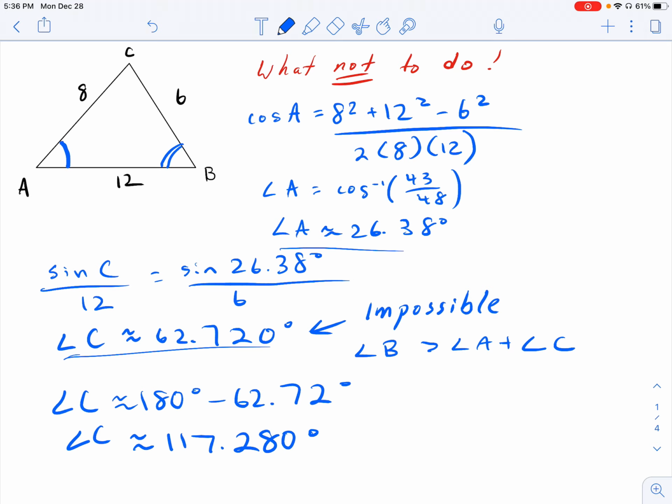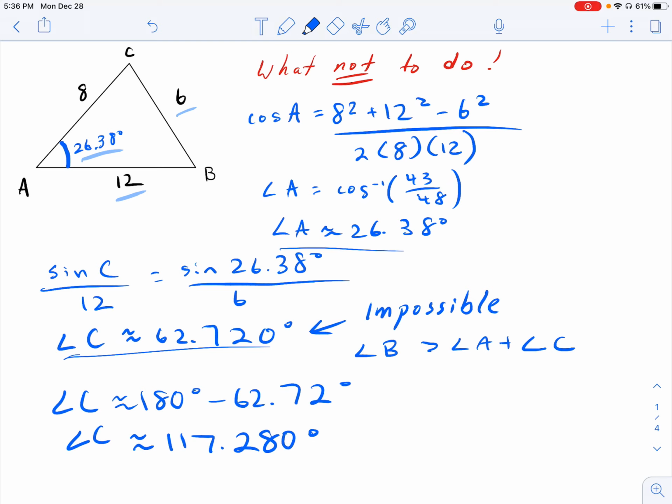Well, if you think about what we just did, if we said that angle A back here was 26.38 degrees, and we use the law of sines, what did we actually do here? We used this side 6, we used this side 12, and we used this angle 26.38. Does that look familiar to you? Yeah, we used the two sides and an opposite angle. We used the law of sines here.